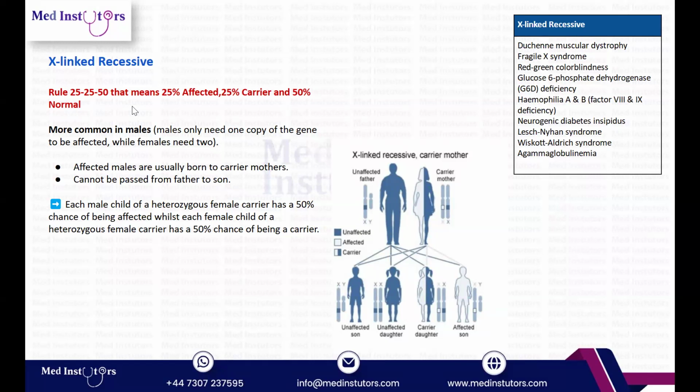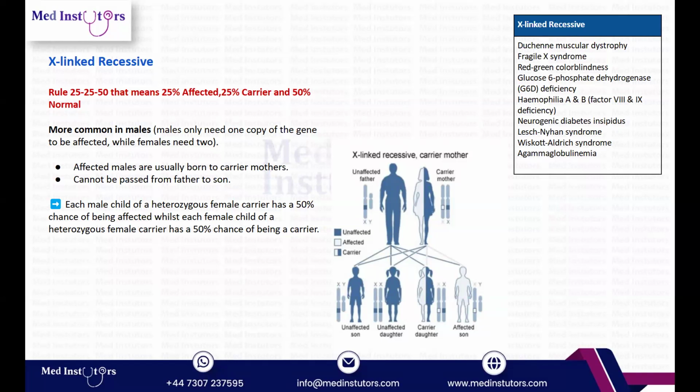The other way the question may appear in your exam is that they might give you findings: one offspring is carrier, one offspring is affected, and two offspring are normal. Please pick out what pattern of inheritance this is.